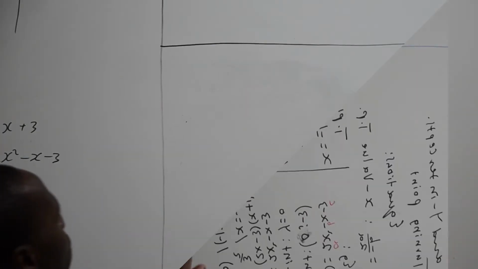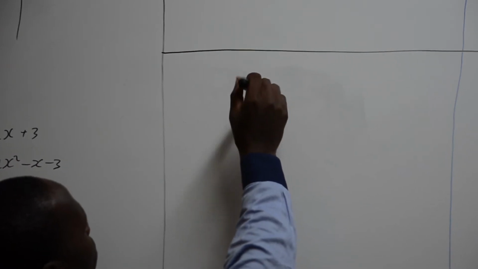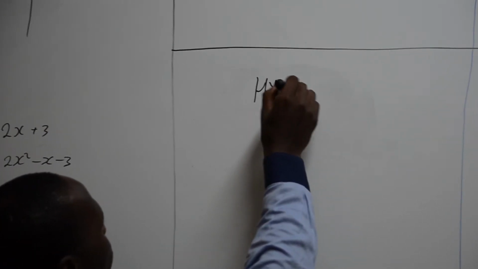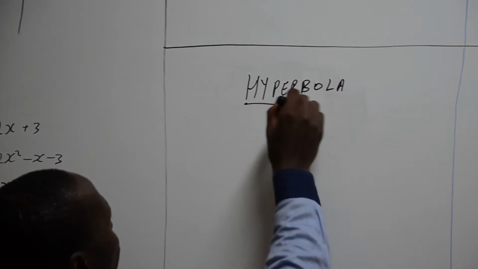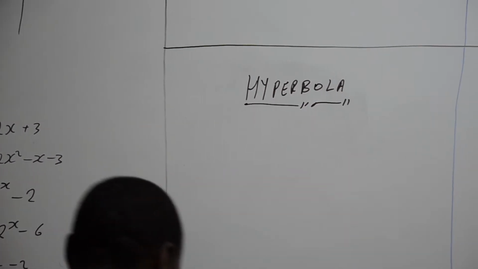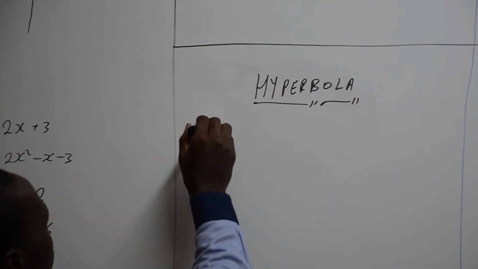Now we have covered the parabola. Let's take the hyperbola now. The word hyper means above or below.